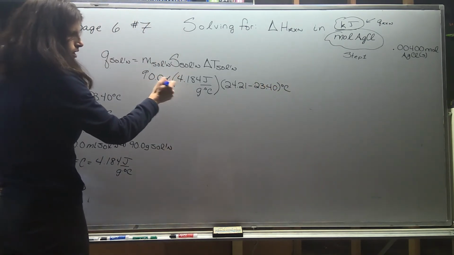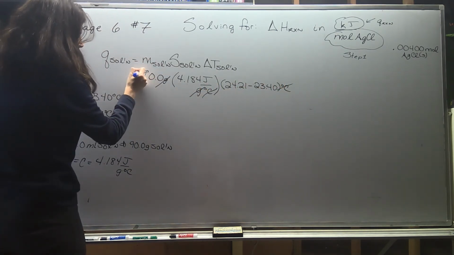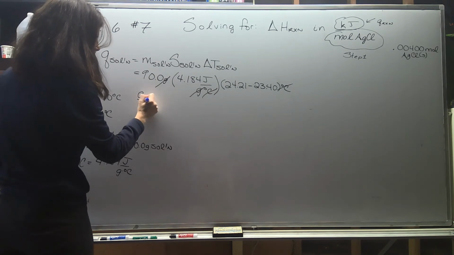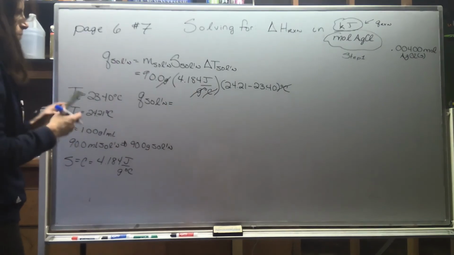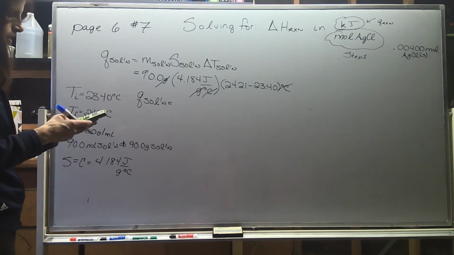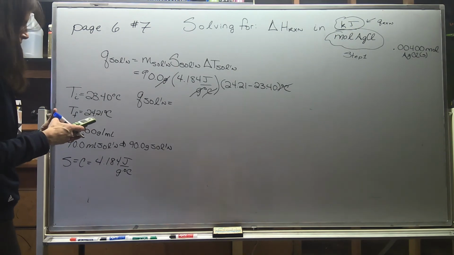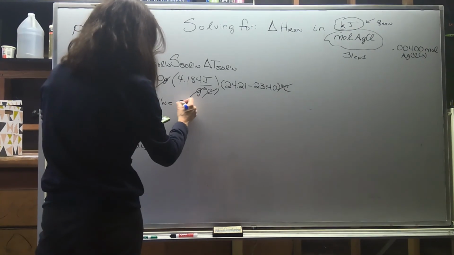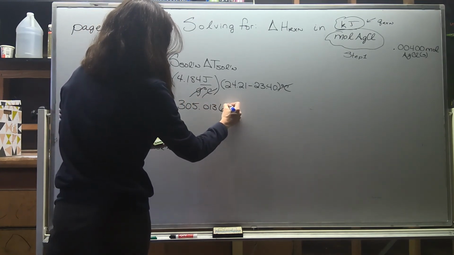Always check how units are canceling, grams with grams, degrees Celsius with degrees Celsius. So my Q of the solution is going to be in joules. It's going to be a positive number, it looks like. So I'm getting 305.0136 joules.